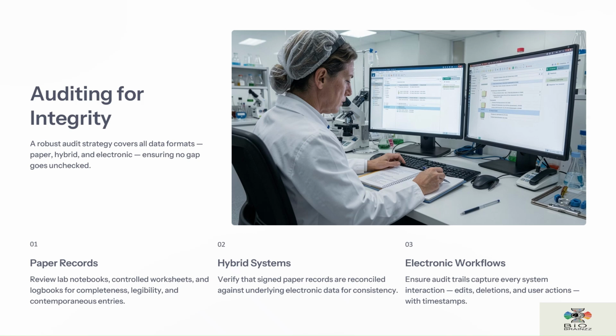For electronic systems, auditors examine audit trails, user activities, data modifications, and deletion records. A strong audit program ensures that no gaps remain unnoticed. Auditing should not be viewed as fault finding. Instead, it should be seen as a tool for continuous improvement and quality assurance.